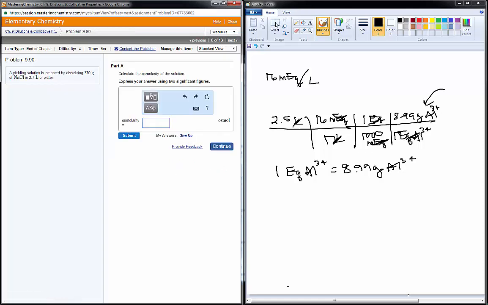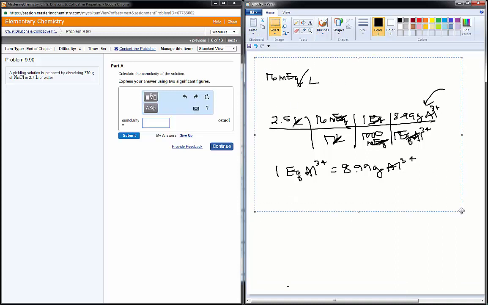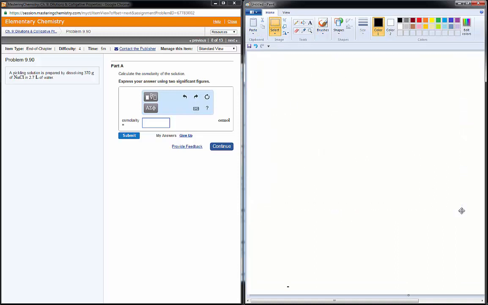Next, calculate osmolarity. Osmolarity is a unit of concentration related to molarity, where we take the molarity and multiply it by the total number of individual things that are actually going to be dissolved or dissociated in solution at that molar concentration.